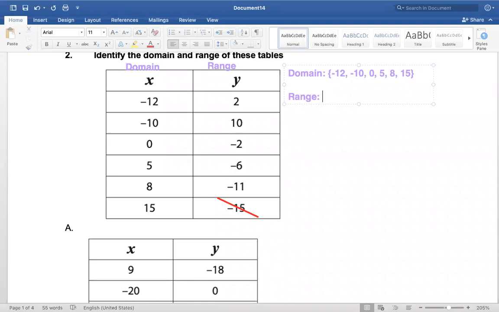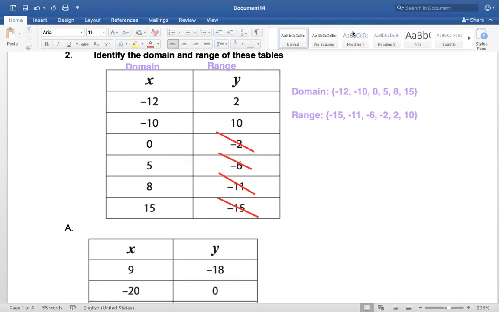So I will put that first. And then it's the -11. Then -6. Then -2. Then the 2 and the 10. So this would be my domain and range for 2A.